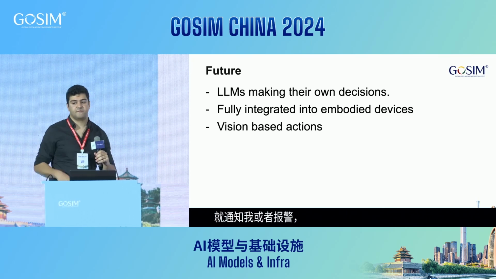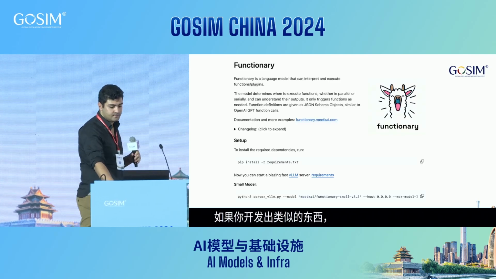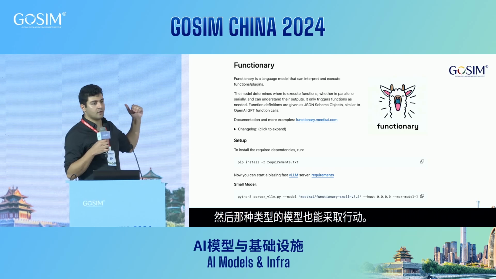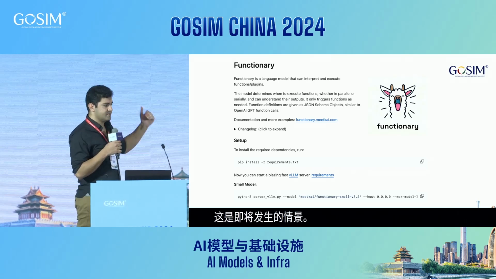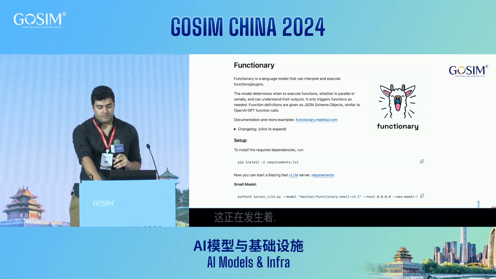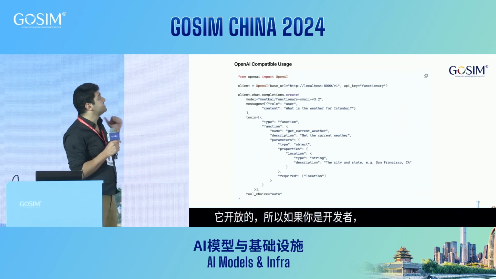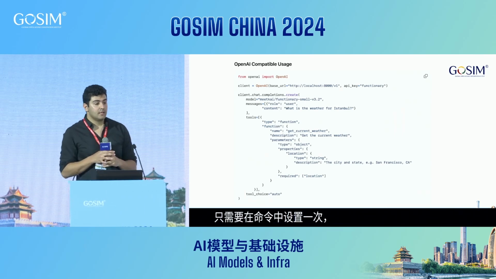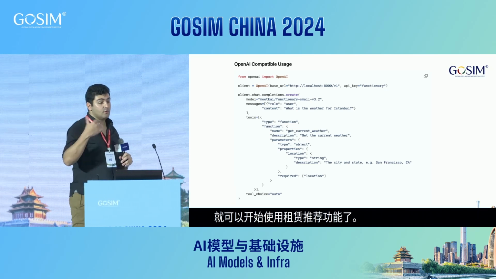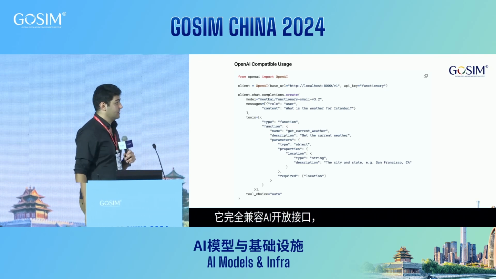This is the future that is happening. It's open source. If you're a developer, you can set it up and start with one single command. This is on GitHub, and it's open, and it's fully OpenAI compatible, so you could just replace the URL and model, and then use it just like regularly.